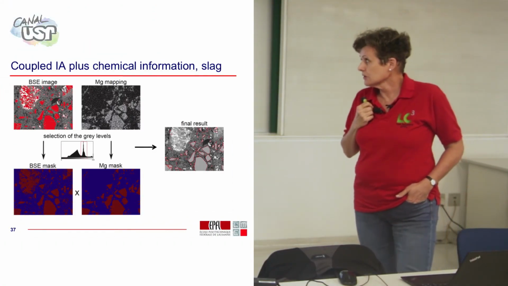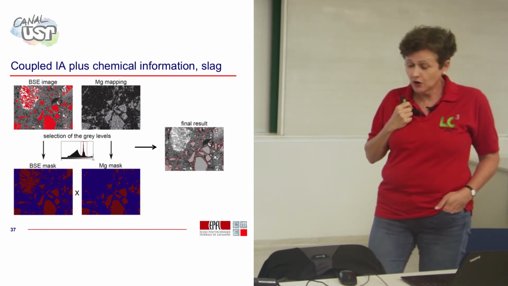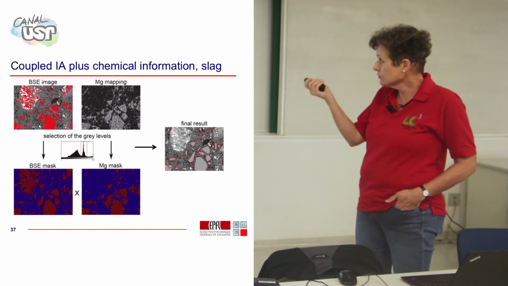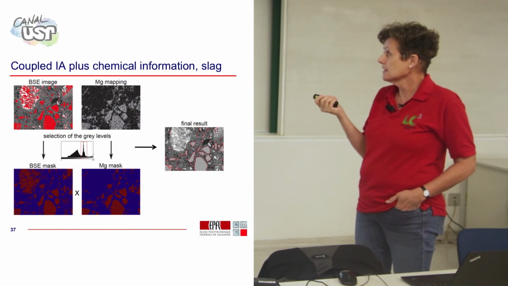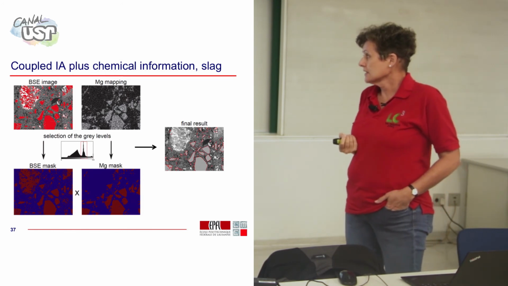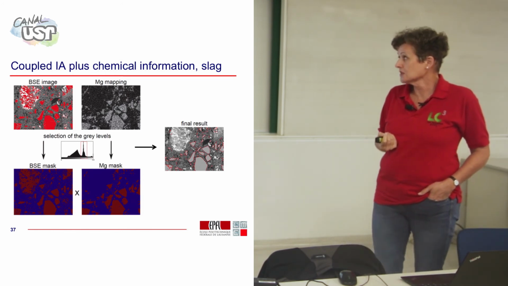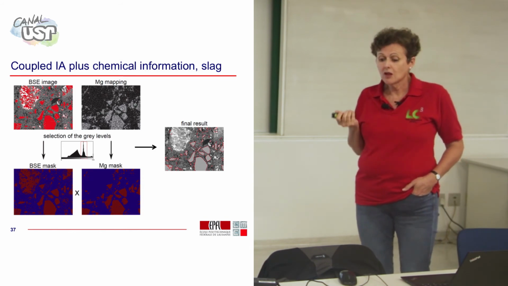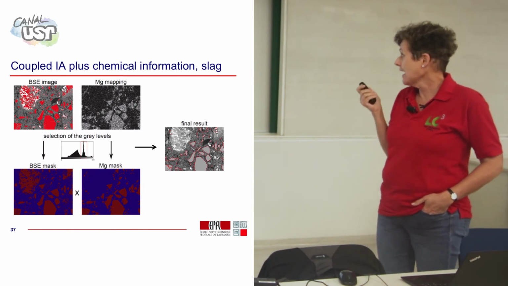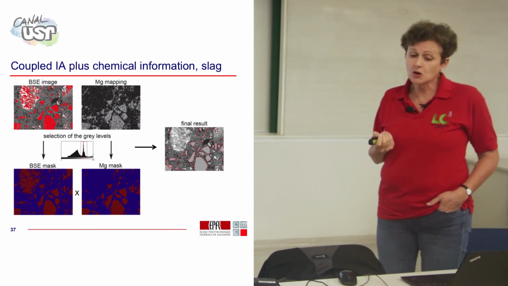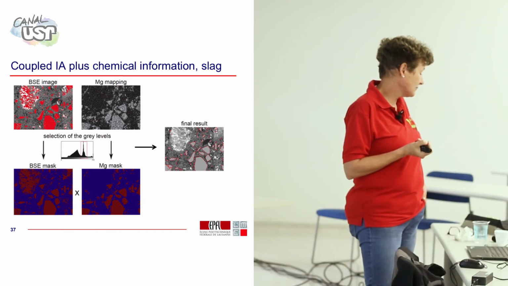We can use a combination of the gray level imaging plus the image analysis. So I said the image analysis is very good for quantifying slag, but some slags have a gray level that's almost the same as calcium hydroxide.